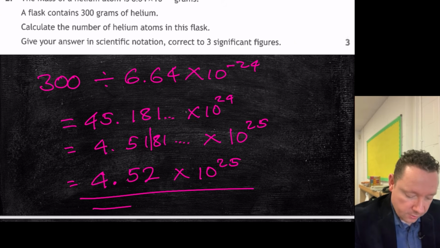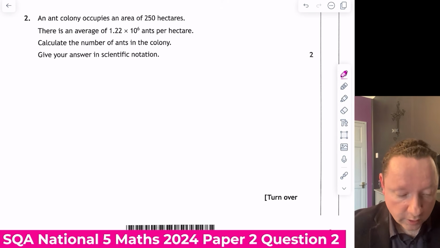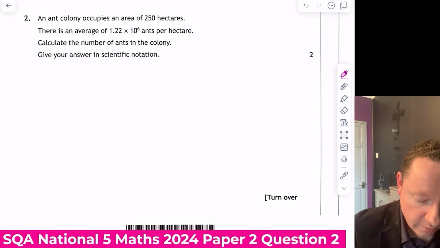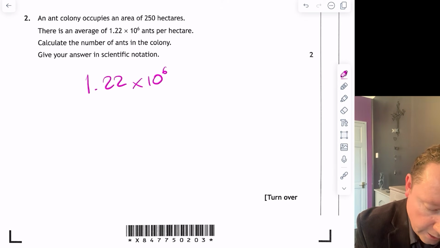And I'm done there. Now just double check your answer. SQA National 5 Maths 2024, paper 2, question 2. An ant colony occupies an area of 250 hectares, and there's an average of 1.22 times 10 to the 6 ants per hectare, so in 1 hectare. Calculate the number of ants in the colony. Well, the ant colony occupies an area of 250 hectares.